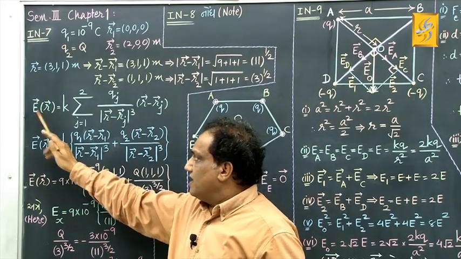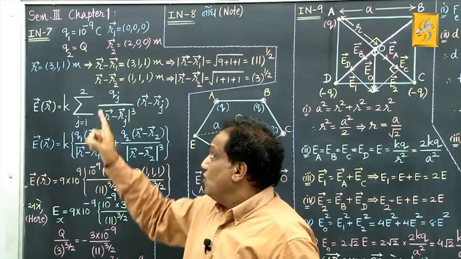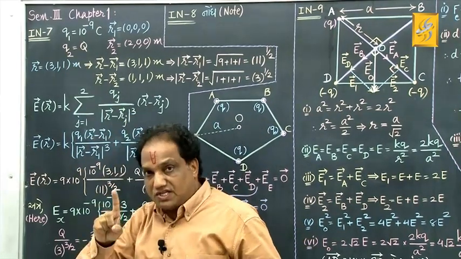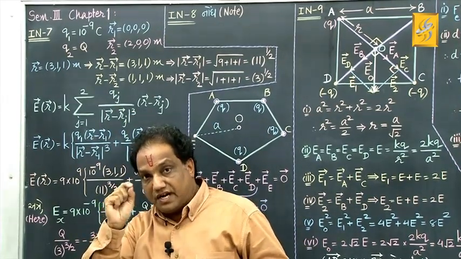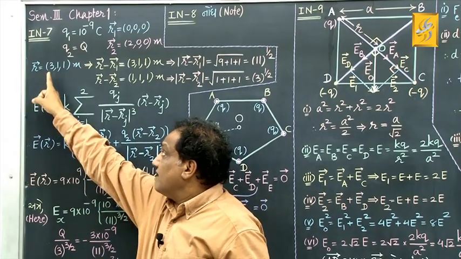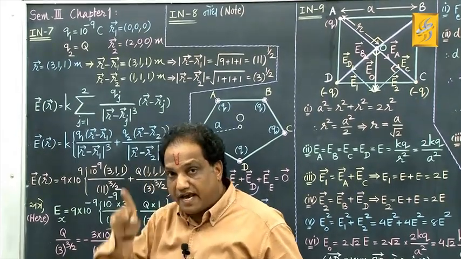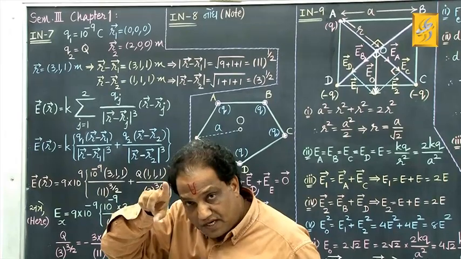Now, we are asked to find out the value of charge Q such that the resultant electric field at this very point should have its x component 0, correct?